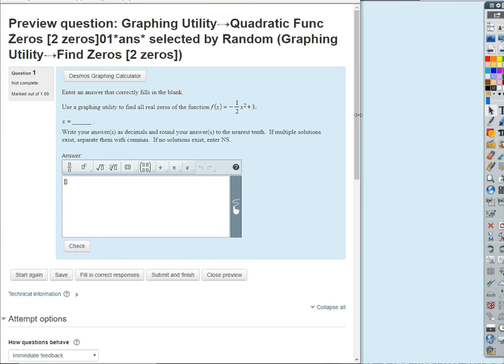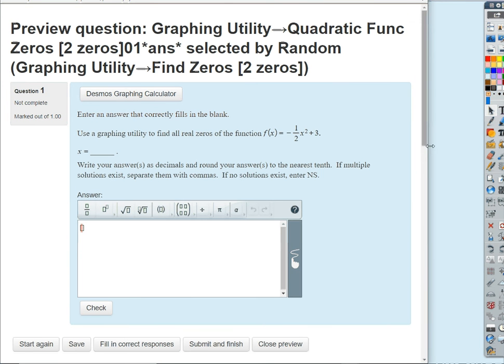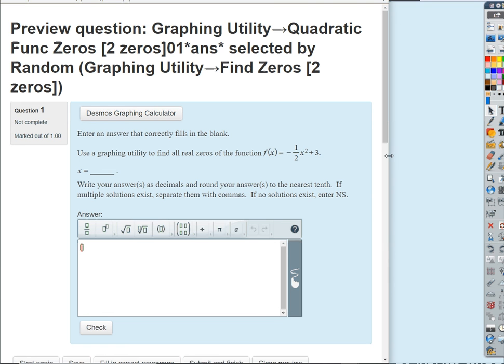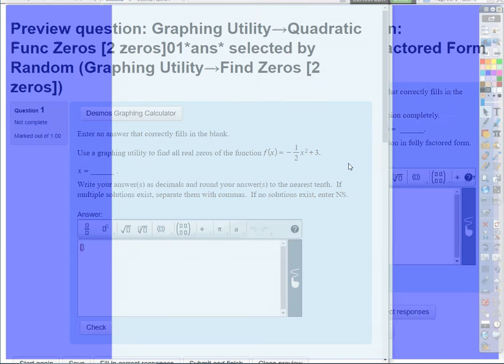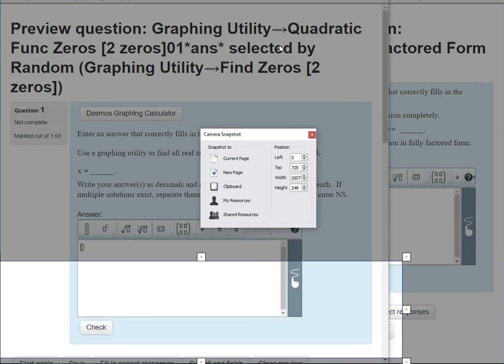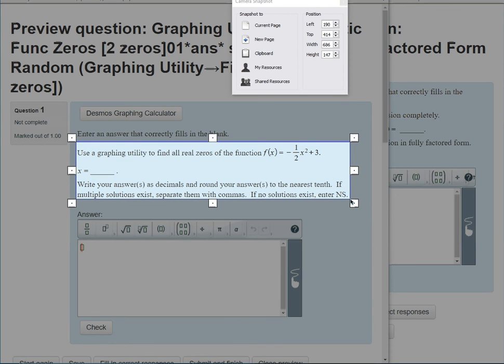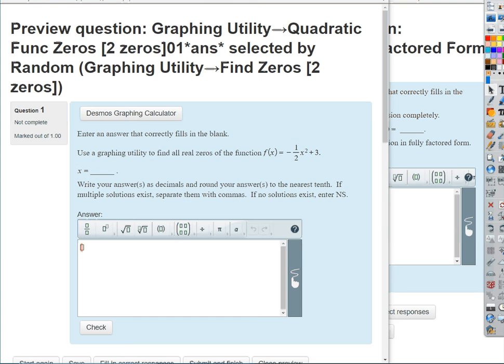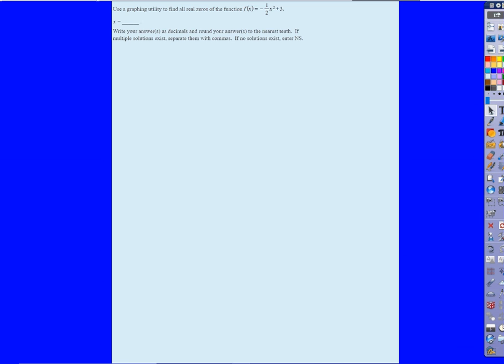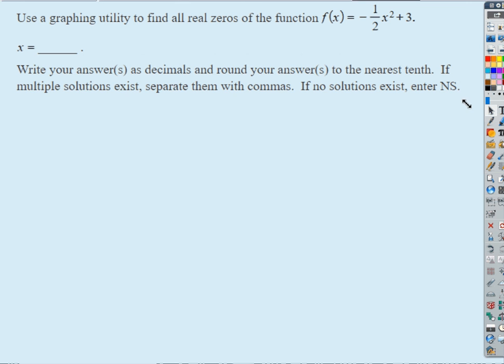So what if we want to do a problem like that one? So we want to find all the zeros of that function.